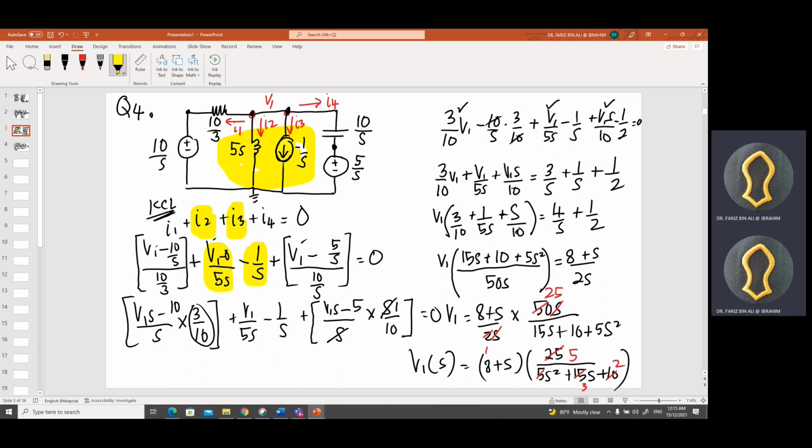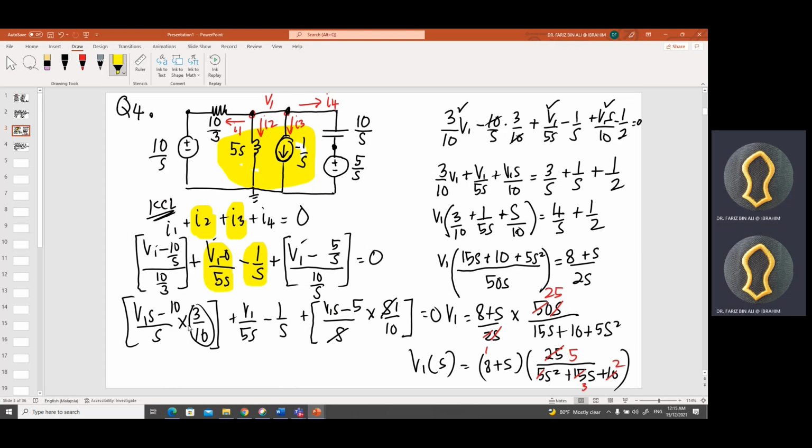That is the inductor current IL. So you should start from there. IL is these two components: V1 over 5s minus 1 over s.